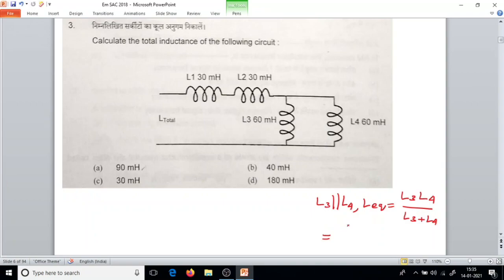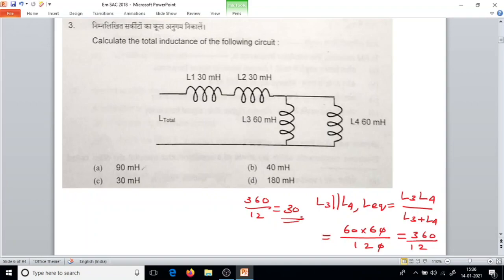L4 equals 60 multiplied by 60 upon 120, the sum of L3 and L4. So 3600 upon 120. What do we get? 3600 upon 120 equals 30.